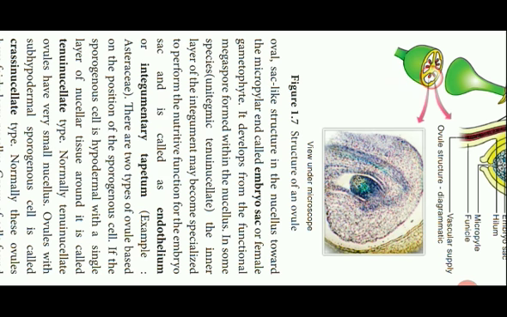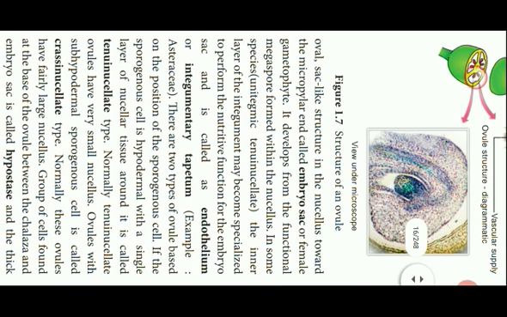If the sporogenous cell is present in the hypodermal layer with a single layer of nucellar tissue, it is called tenuinucellate type. That is, the sporogenous cell lies in the hypodermal layer, which is below the epidermal layer, with a single layer of nucellar tissue.